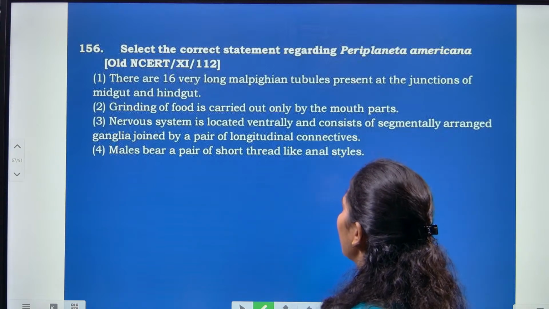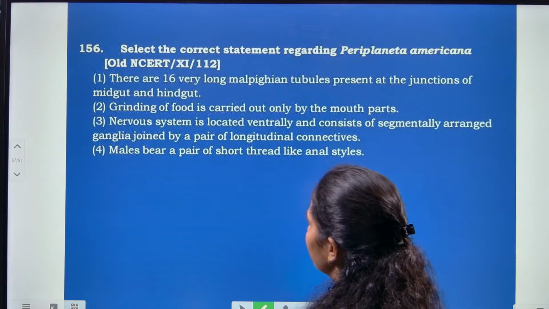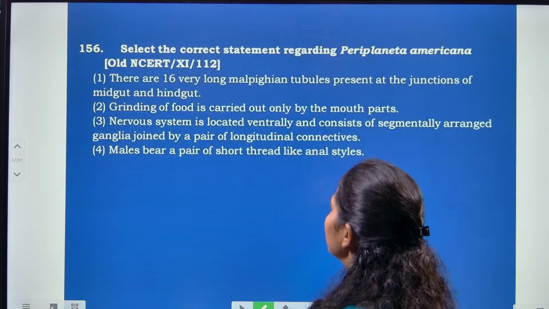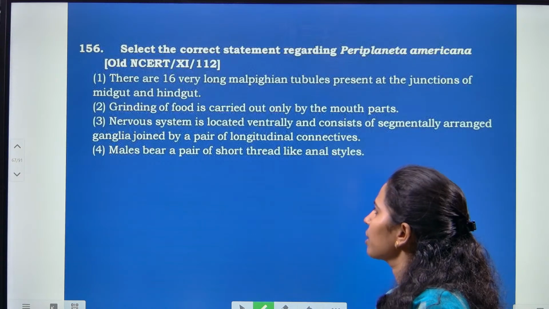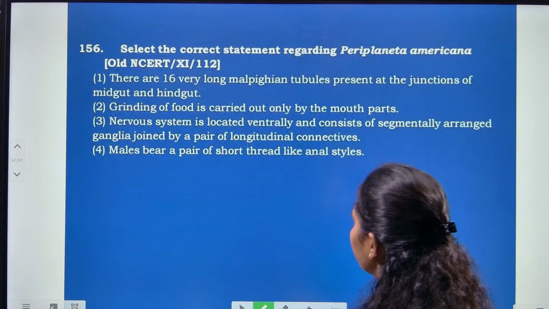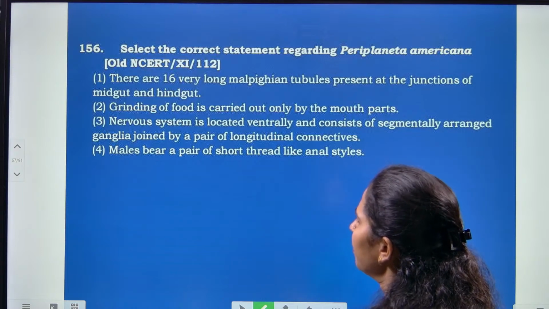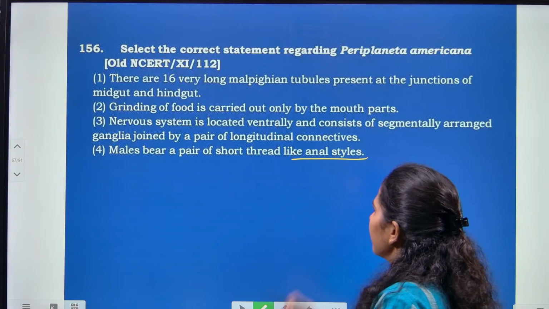Grinding of the food is carried out only by the mouth parts, that is the gizzard, not so. The gizzard is present here for the grinding. The nervous system is located ventrally and consists of segmentally arranged ganglia joined by a pair of longitudinal connectives, not so. Males bear a pair of short thread-like structures called anal styles here.